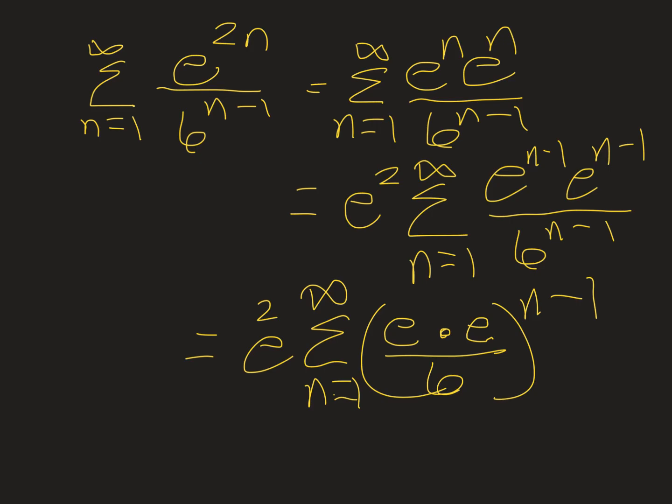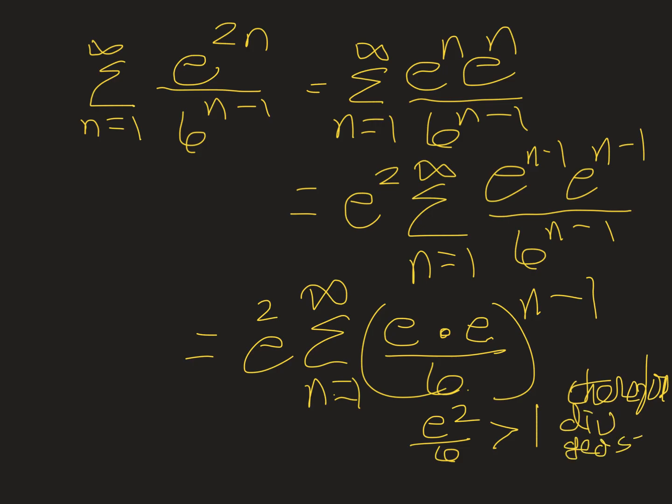So, what is e times e? Well, it's bigger than 6. You can check it. e squared is bigger than 6. Since it is, e squared over 6 is greater than 1. Therefore, this is a divergent geometric series.